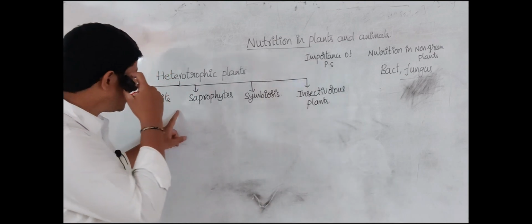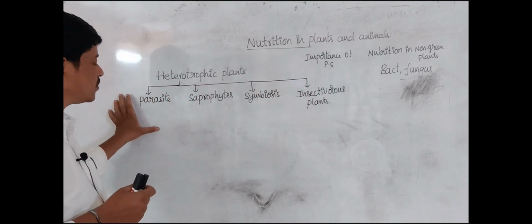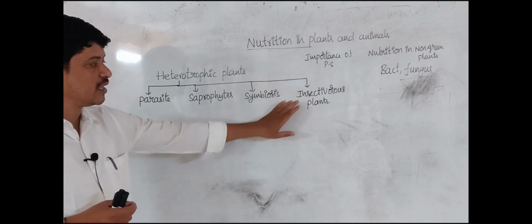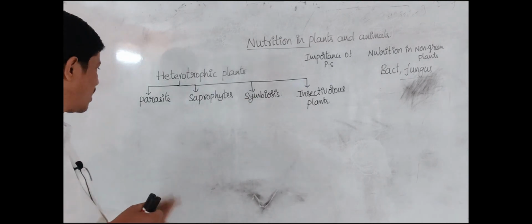In heterotrophic plants, we will observe parasitic nutrition, saprophytic nutrition, symbiotic nutrition, and the insectivorous plants also.